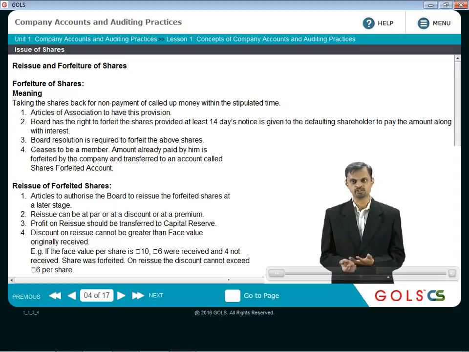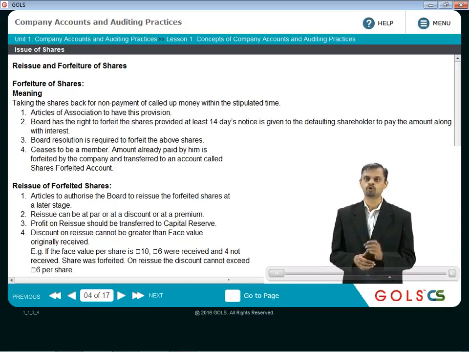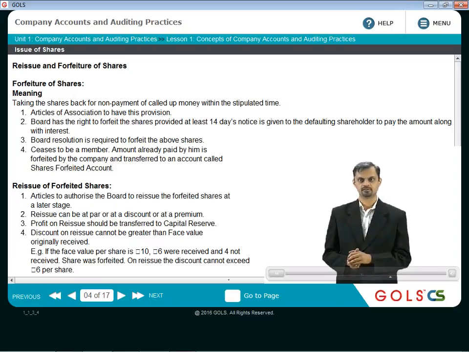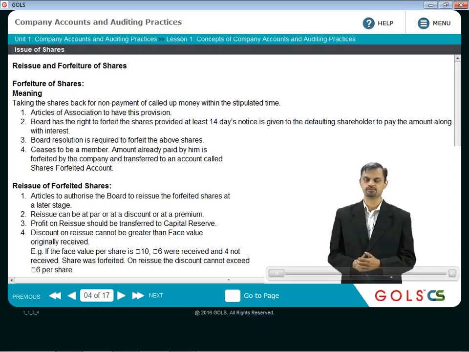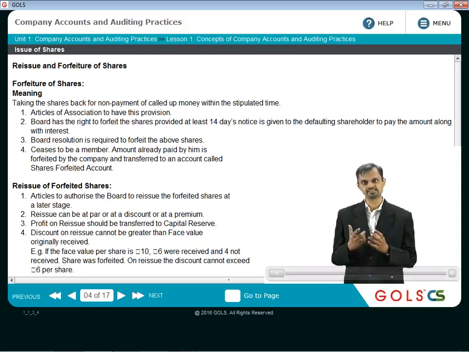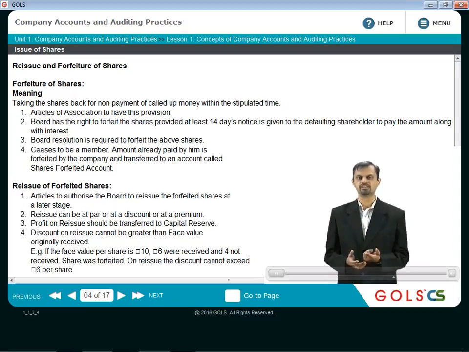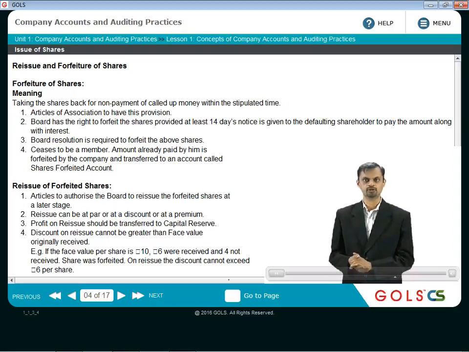Now at the time of reissue, the company can give a maximum discount of 6 rupees because that was the face value originally received. So suppose the company decides to give 6 rupees discount. That means now at the time of reissue, the share is reissued at 4 rupees. 10 rupees is the face value, 6 rupees is the discount.